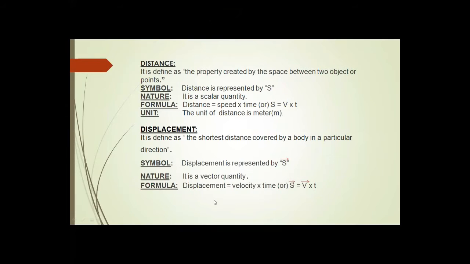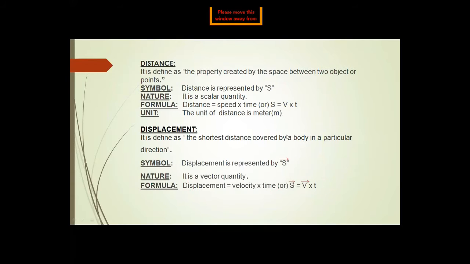Now the next one is the formula of displacement. Displacement is equal to velocity multiplied by time. So displacement is represented by S with an arrow, which is equal to velocity, represented by V with an arrow, multiplied by t, meaning time, represented by the small t.